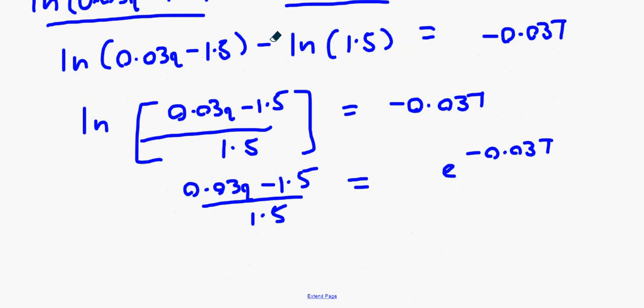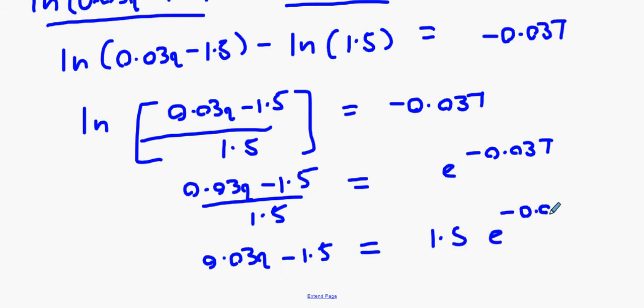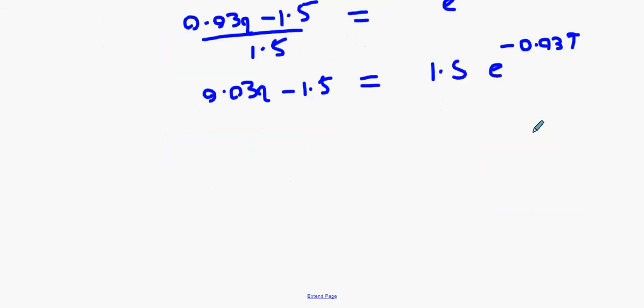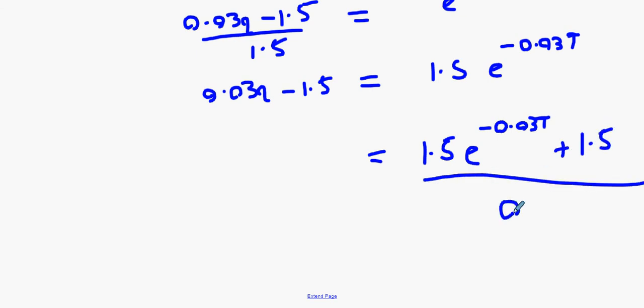We'll isolate q eventually. 0.03q minus 1.5 equals 1.5 e to the minus 0.03t. Then I'm going to add on 1.5, that's 3t by the way, add on 1.5 and then divide it all by 0.03 to get my q value.